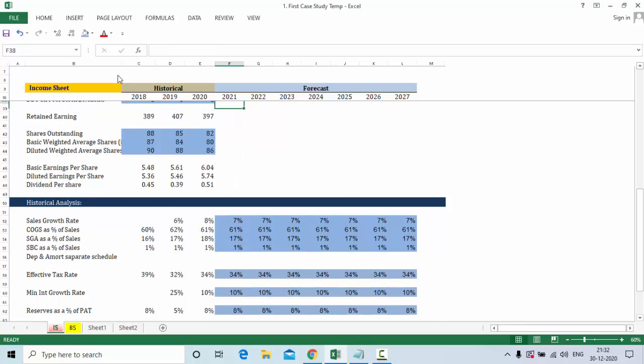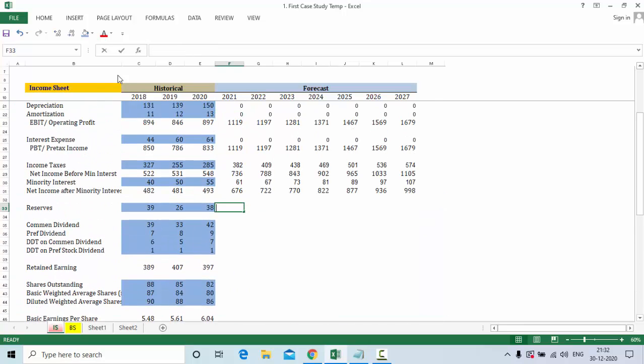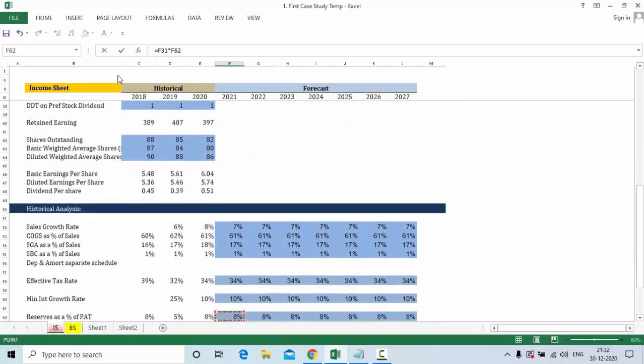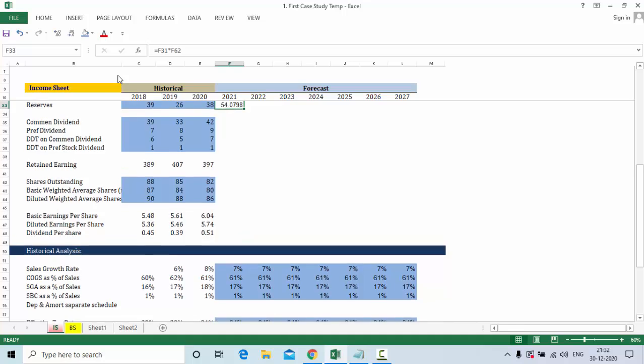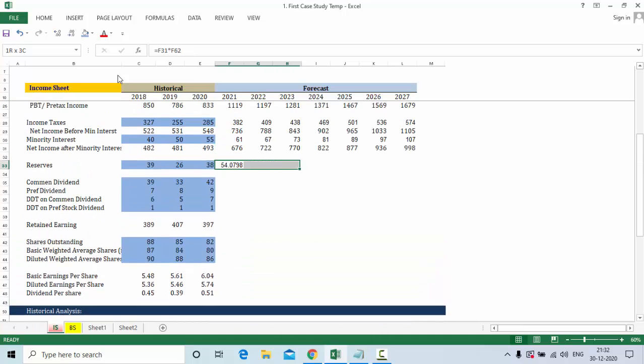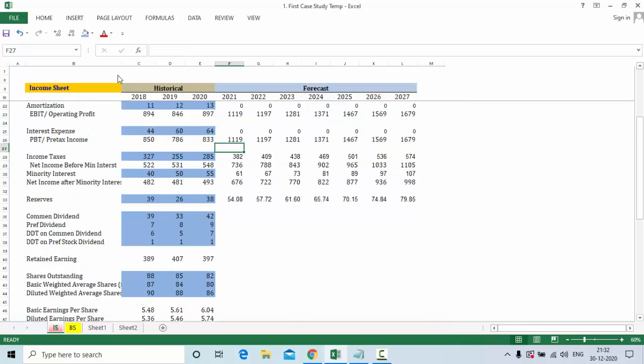Come above. Now put in equal here. Take net income after minority, multiply by 8%. That is reserve as a percentage of profit. Now simply select this and press Ctrl R. Now in this case what we have done, we have kept reserve as a percentage of profit.